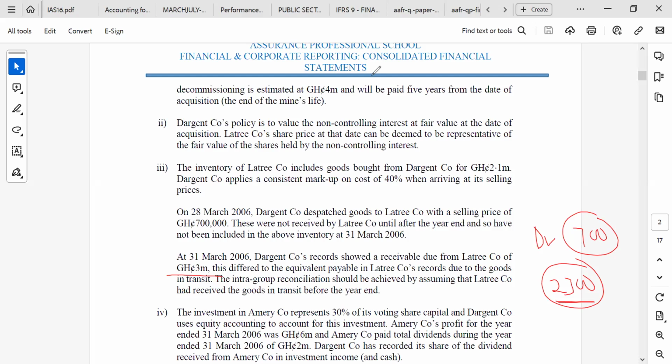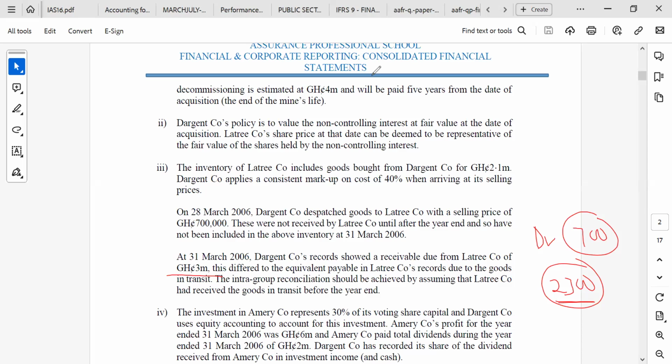The intra-group reconciliation should be achieved by assuming that Lottery Cool had received the goods in transit before the year end. We know that based on the question, Lottery Cool has not received the goods, but they are now saying that we should assume that Lottery Cool has received the goods.